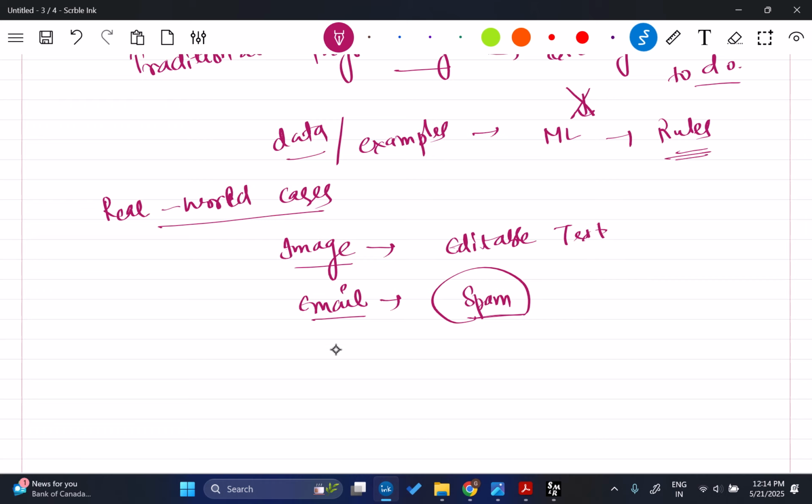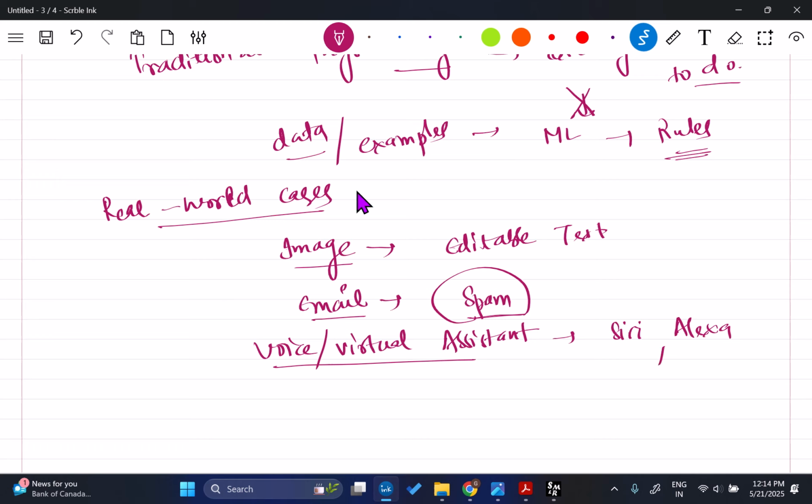You might have used virtual or voice assistants like Siri, Alexa, and Google Assistant. All these are daily uses of ML in your life.